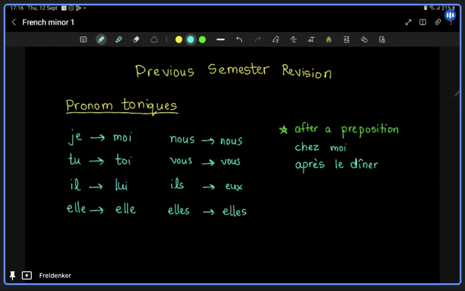So after dinner. You're supposed to know prepositions. Since we're doing phonotonic, après toi means after you. So après is after. Derrière is behind. So derrière lui means behind him.